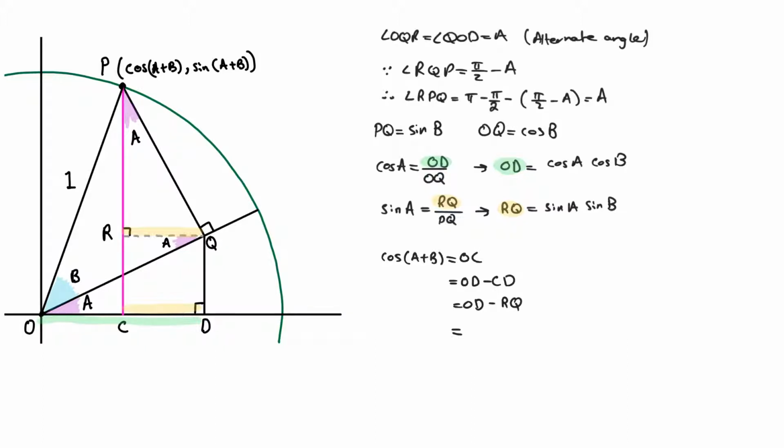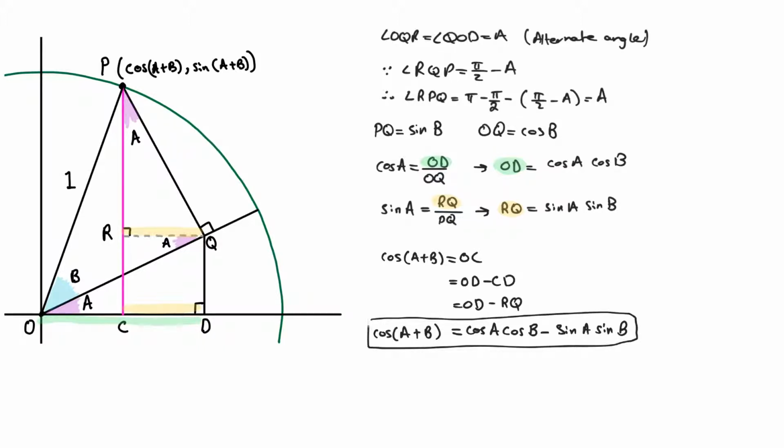We know that OD is equal to cosine A cosine B, and we know that RQ is equal to sine A sine B. This will give us the identity that cosine of A plus B is equal to cosine A cosine B minus sine A sine B.